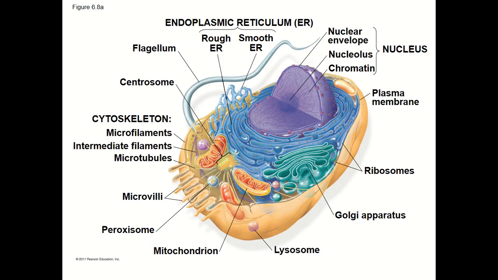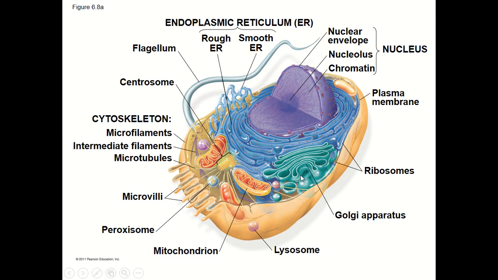So this is what the animal cell looks like. It has flagella and a nucleus, and the nucleus has its own membrane, which is known as the nuclear envelope. Below is the plasma membrane of the cell, the ribosomes, the rough endoplasmic reticulum, and the smooth endoplasmic reticulum, which does not have ribosomes.